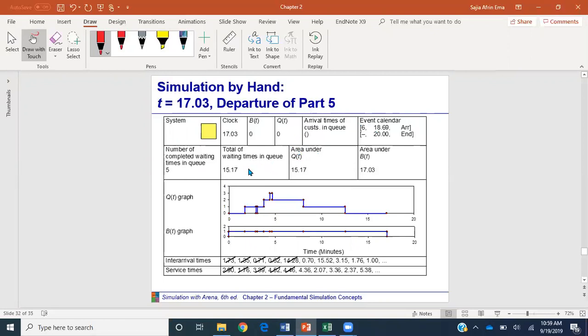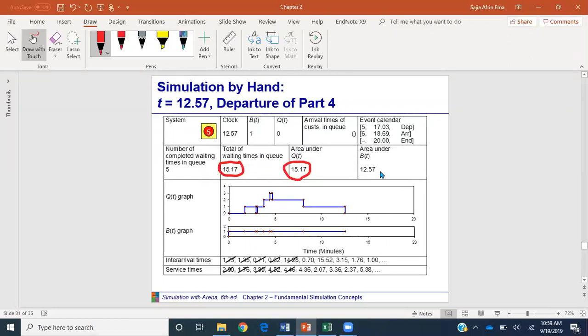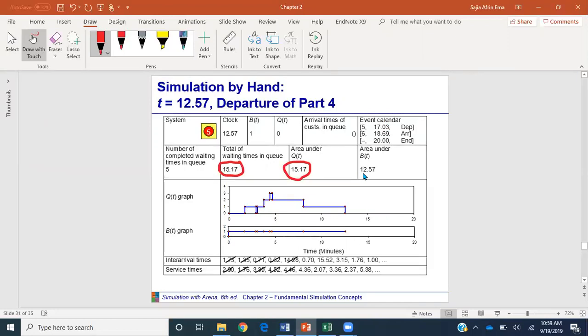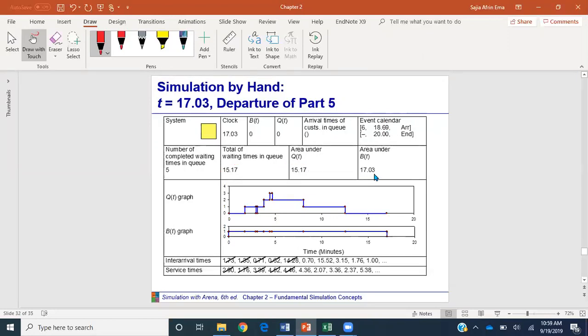The total waiting time in queue is the same as before, but area under BT graph was 12.57 minutes. At this time, it increased because at 12.57 minutes part 5 entered the service, and at 17.03 minutes it left the service. So it just increased.